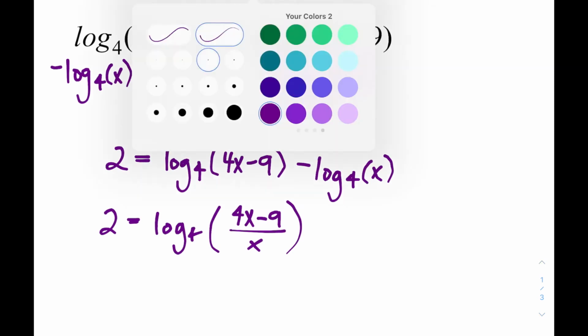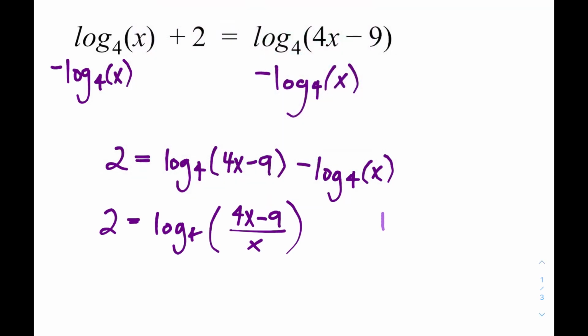Then I can use our property, the fact that y equals log base b of x is the same as b to the y equals x, where I keep my bases the same, so base 4, and then my input and my output switch.